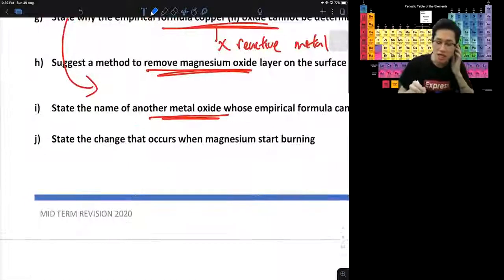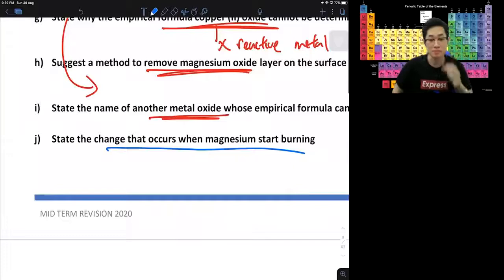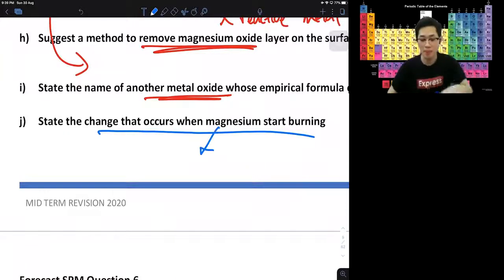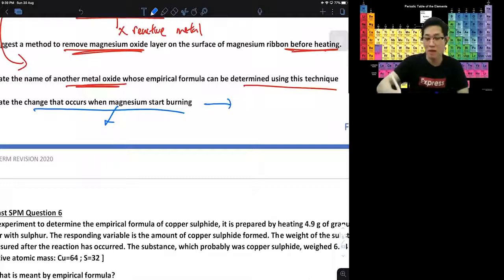State the change that occurs when magnesium starts burning. What is the color of magnesium? When it turns to MgO, MgO is white color.